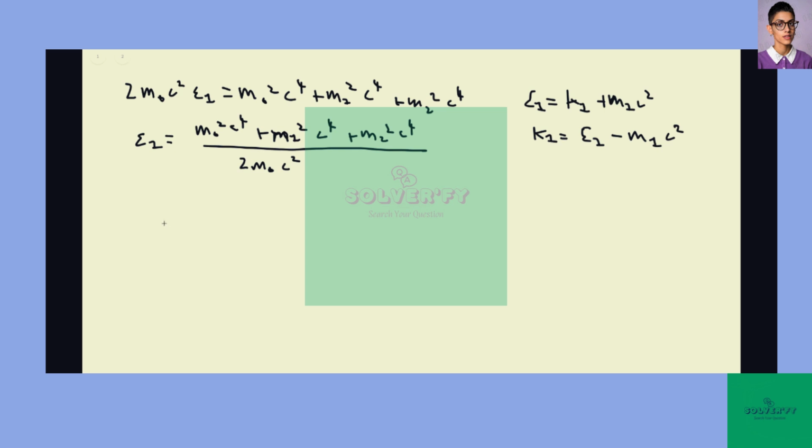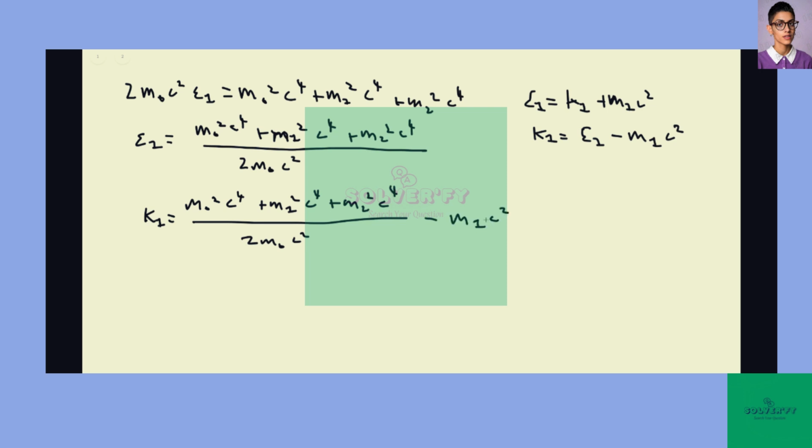So now we have K1 is equal to E1, which is this term here. So M0 squared C to the fourth plus M1 squared C to the fourth plus M2 squared C to the fourth divided by 2M0 C squared minus M1 C squared.